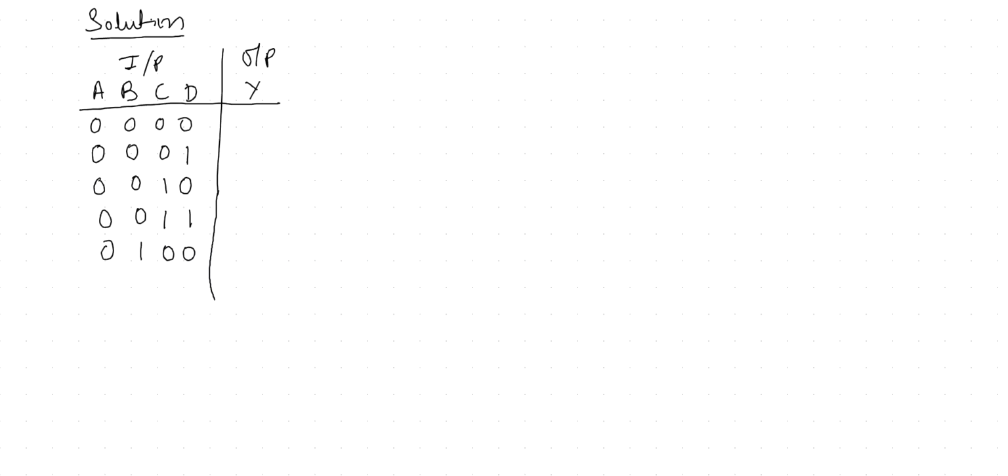After that, again 0, 1, 0, 1, then 0, 1, 1, 0, 0, 1, 1, 1. Same combination will be repeated here. So 0, 0, then 0, 1, then again 1, 0, then again 1, 1. And these points are 1, 1.